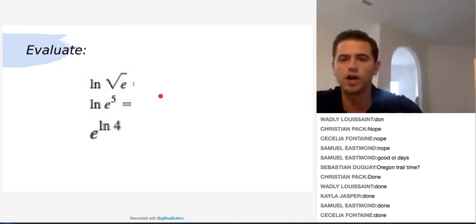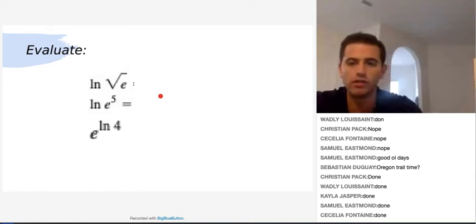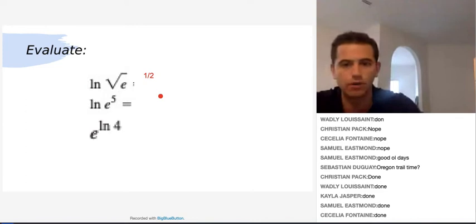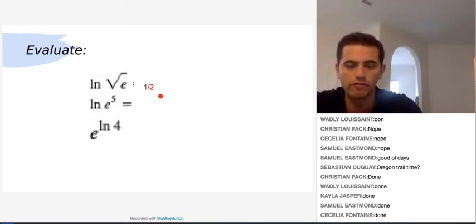So again, we saw one just like this, right? Log base e of the square root of e. This is ln of the square root of e, log base e. The e's match up. We look for the exponent. That is 1/2. And then for log base e of e to the 5th, we know the answer is the exponent, right? So we just get 5. And now this last one, we saw this in the notes earlier.